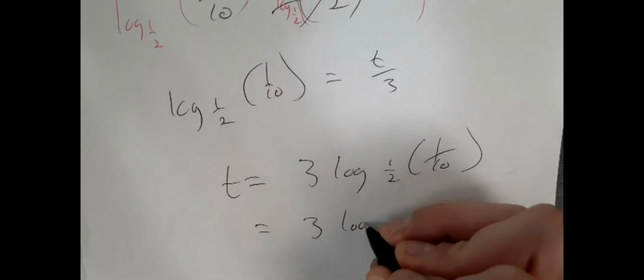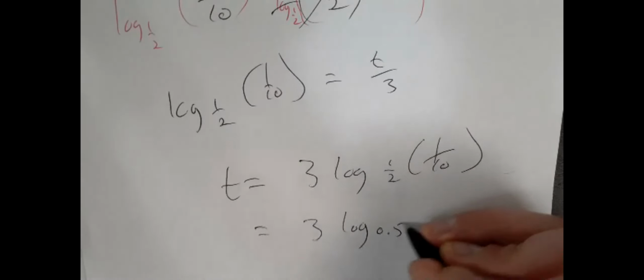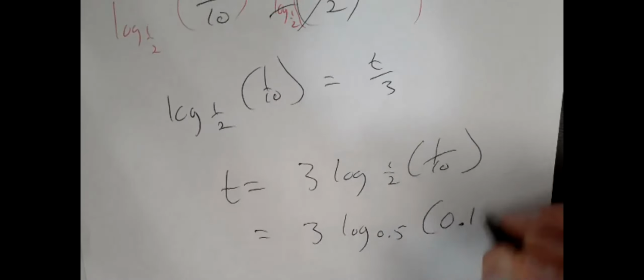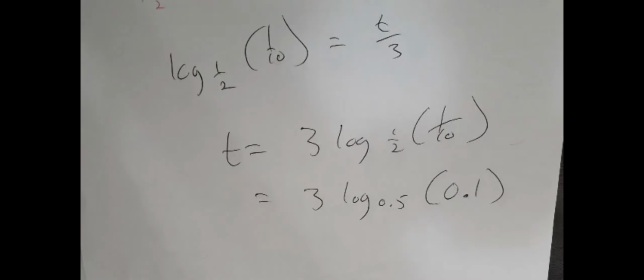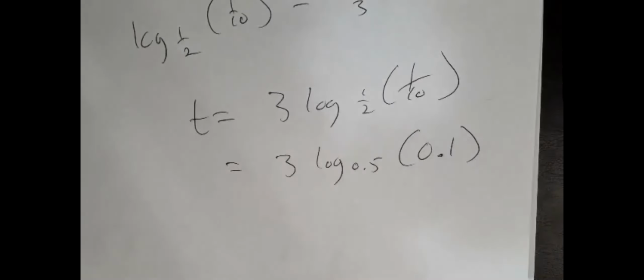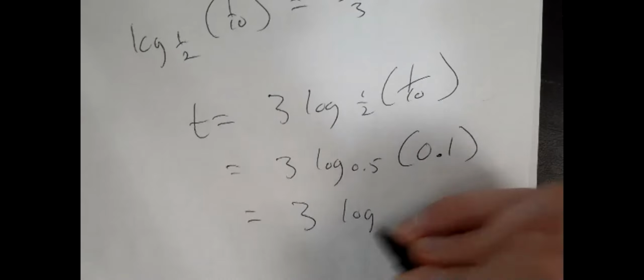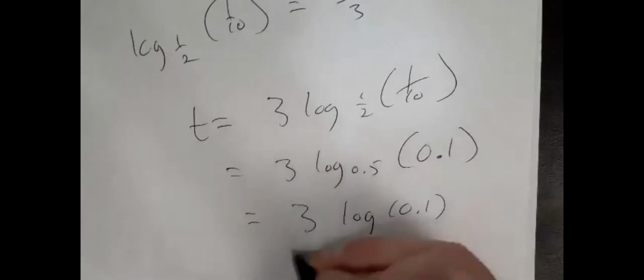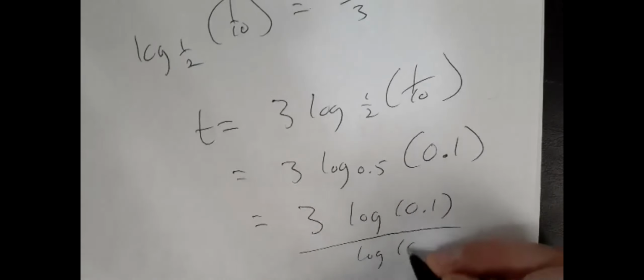And I think these, like I said, might be easier to put into your calculator if you convert it to the decimal, although it shouldn't matter as long as you type it in correctly. So you might have to do change of base: log of 0.1 over log of 0.5.